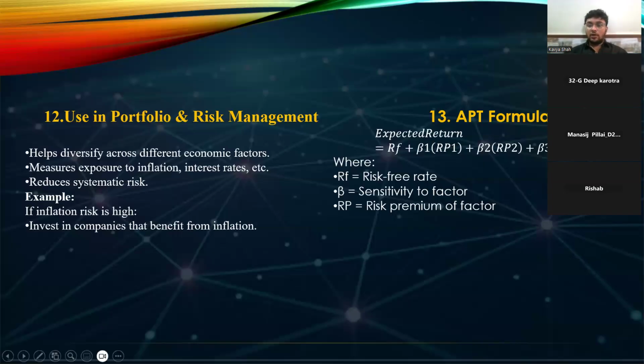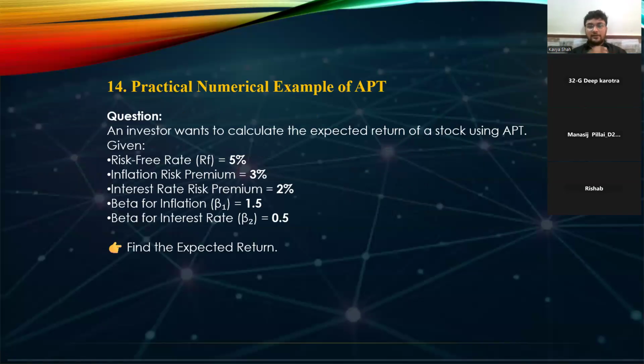Now let us see the formula for APT. Expected return equals risk-free return plus beta 1 times risk premium factor 1 plus beta 2 times risk premium factor 2. Now let us see the practical numerical example of APT. Here is an example question.